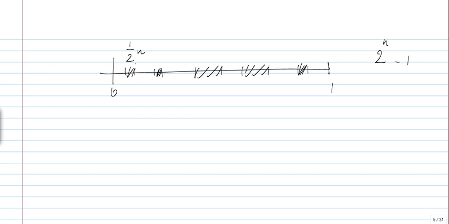That's the value, the constant. And then on this one, you go 2 over 2 to the power n. And the last one will be 2 to the power n minus 1 over 2 to the power n. Okay?